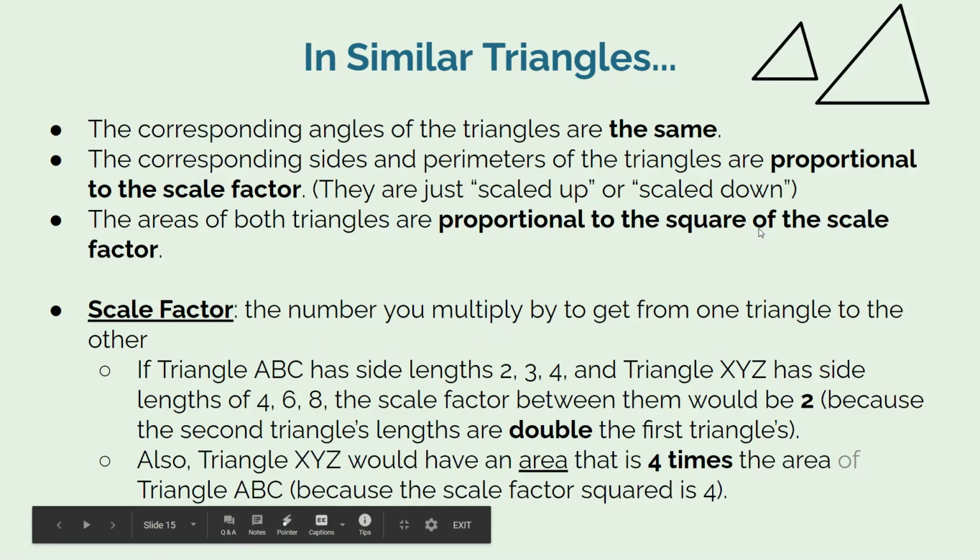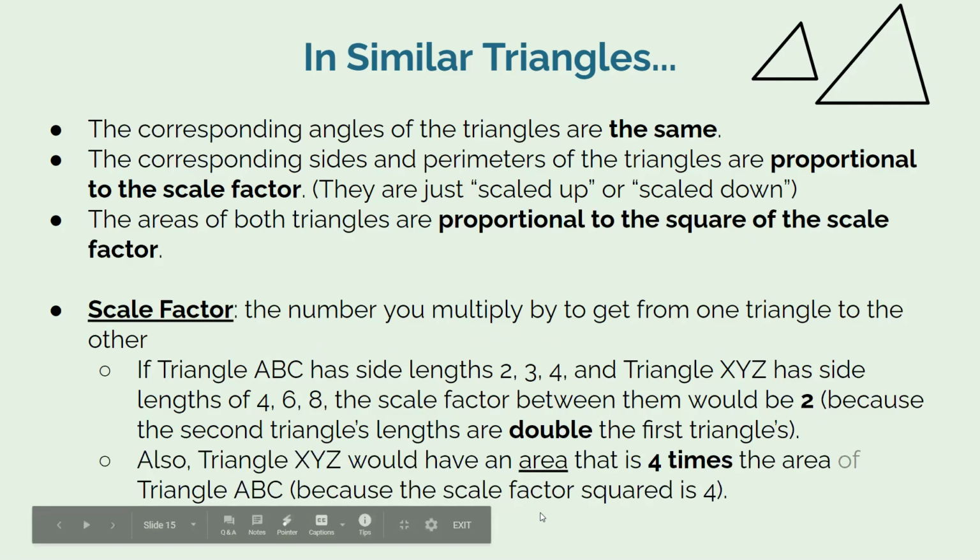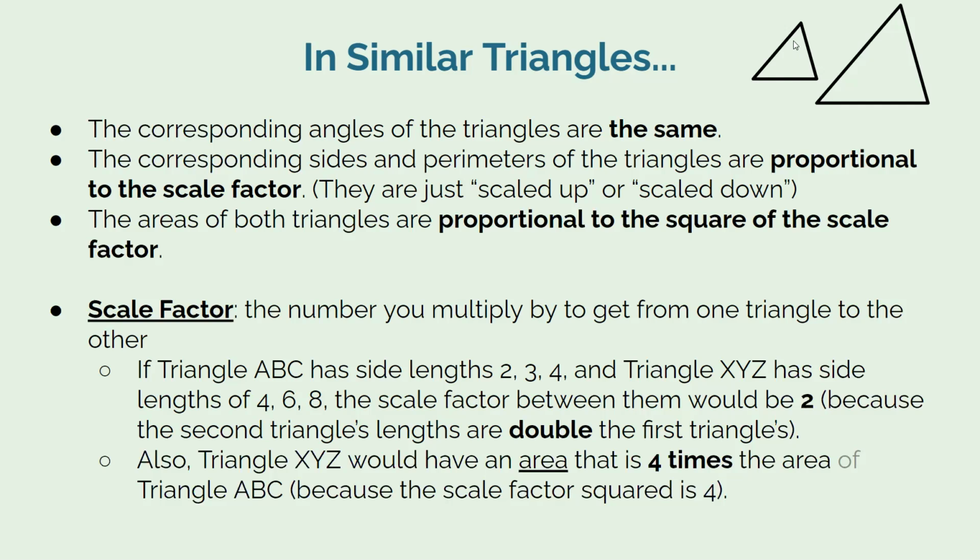And the area of triangle XYZ would be 4 times the area of triangle ABC, because we've determined that the scale factor is 2, and the areas of both triangles are proportional to the square of the scale factor. Since the scale factor squared is 4, triangle XYZ has an area that's 4 times greater than triangle ABC.